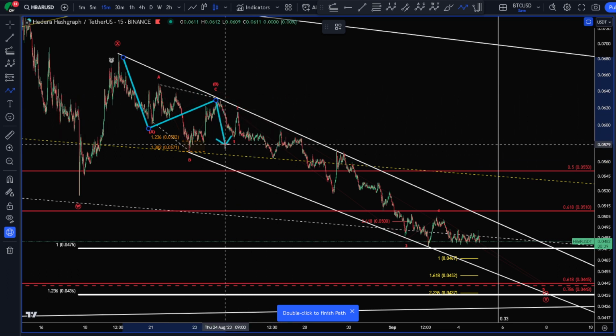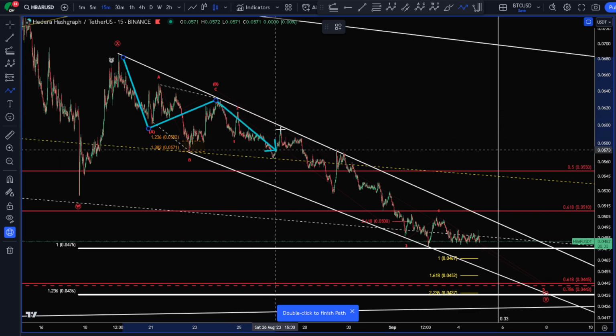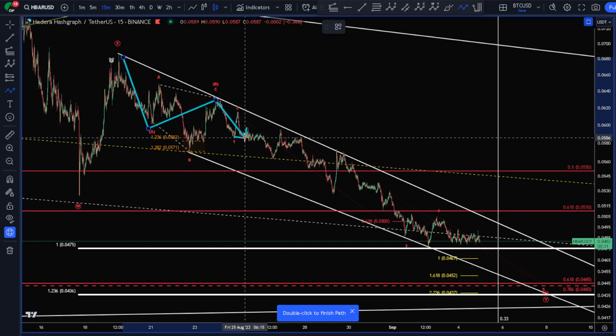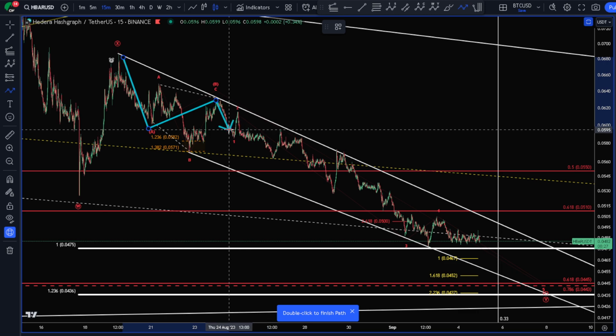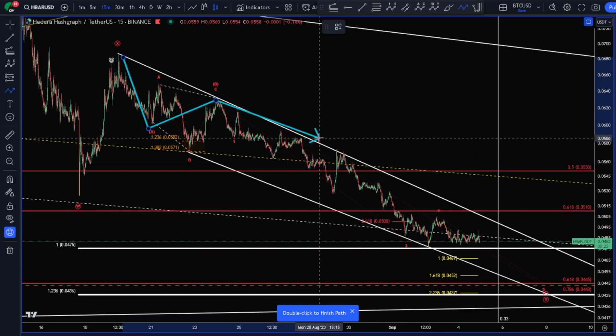We had 5 waves down. We had a 1-2. This is either 5 waves or a 1-2-1-2. It's really hard to tell the difference this far down in the micro, but just using extensions to get a better idea of where we're at.